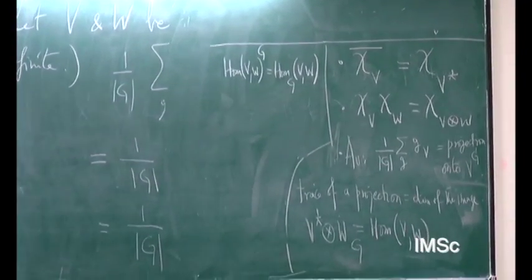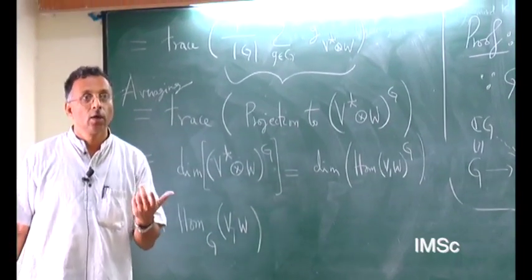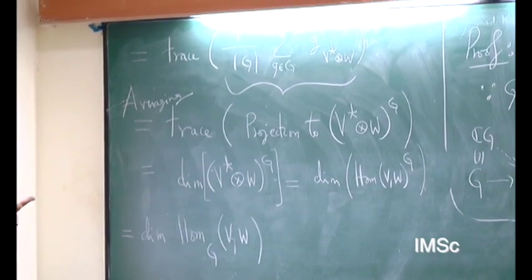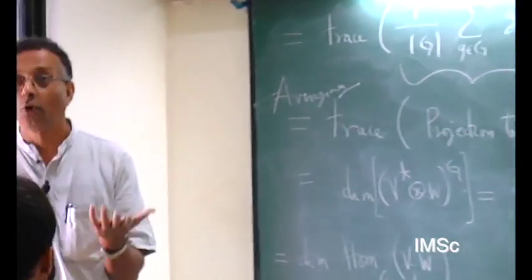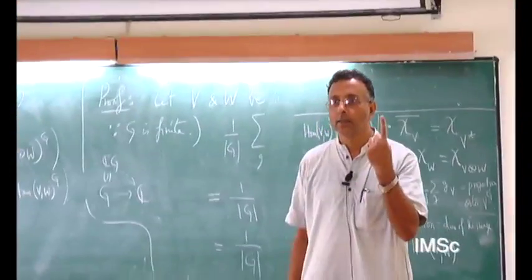Okay, but what is this? V and W are irreducible representations. If V is isomorphic to W, how many G maps are there? Only the scalar multiplications by Schur. If V is isomorphic to W, then there is only a one dimensional space.